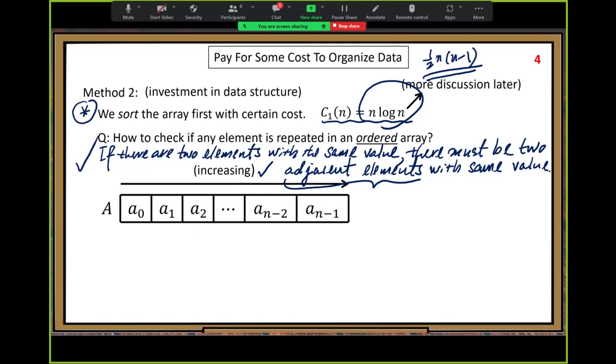Now, how many comparisons do you need if you only do the adjacent comparison? How many comparisons do you need for the worst case? Think about that. How many adjacent pairs can you find in an ordered array? Every time you need to do a comparison on an adjacent pair, right?